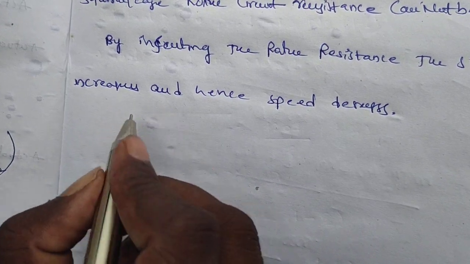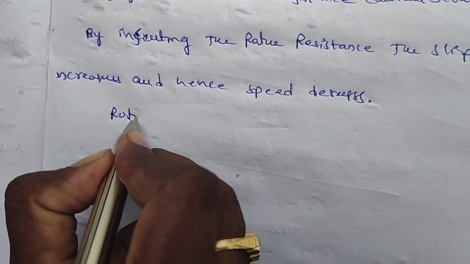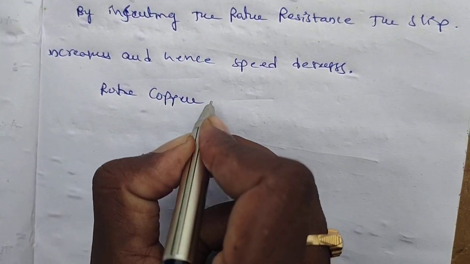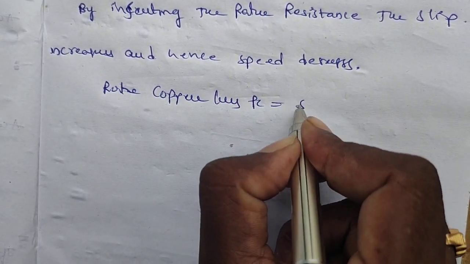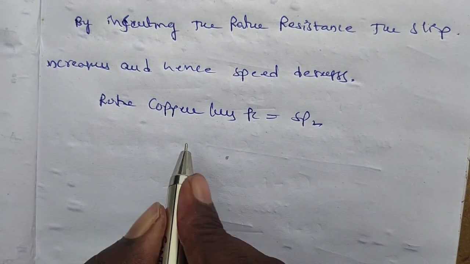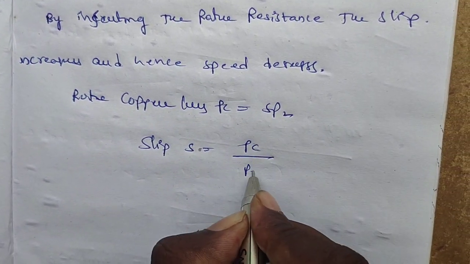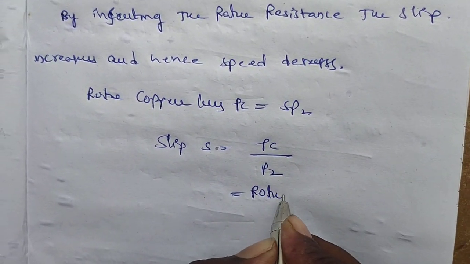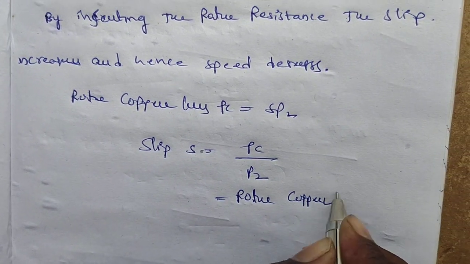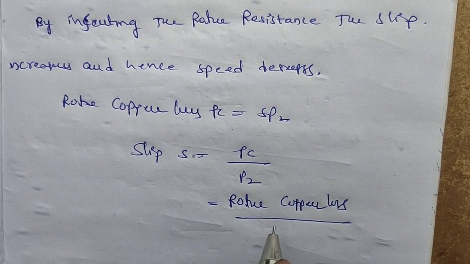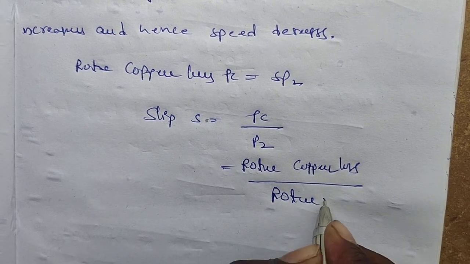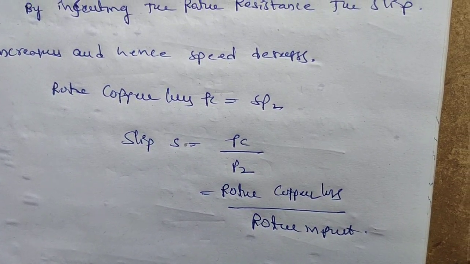What is the rotor copper loss? Pc equals s P2. Slip s equals Pc by P2, that is, rotor copper loss divided by rotor input.